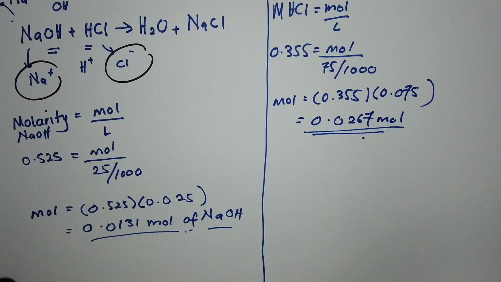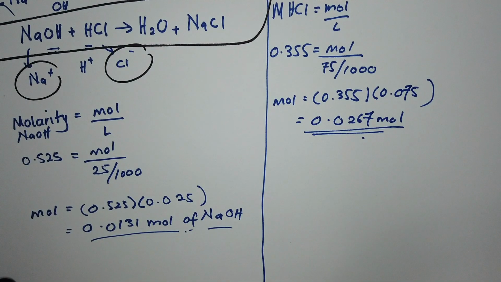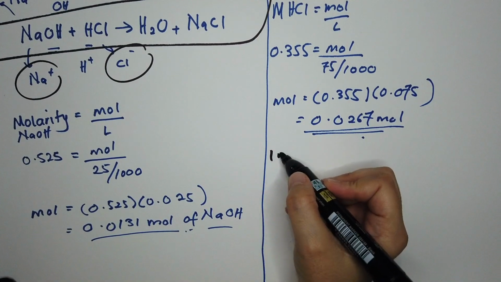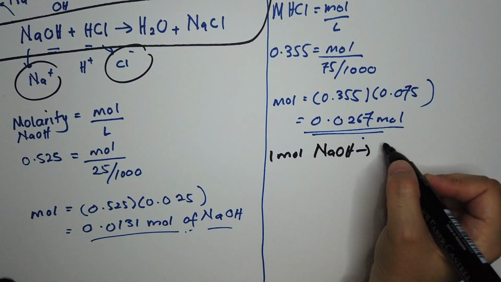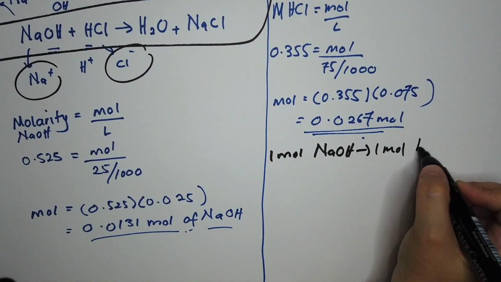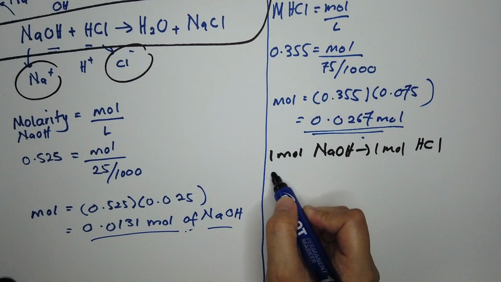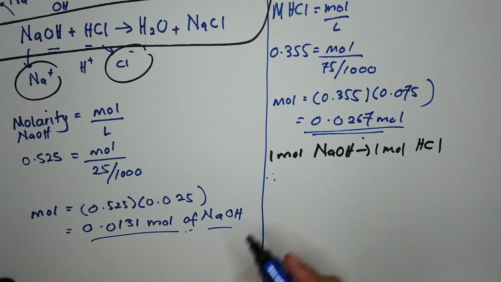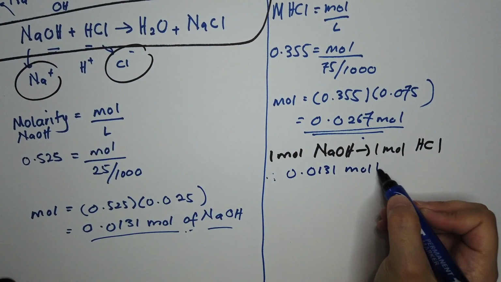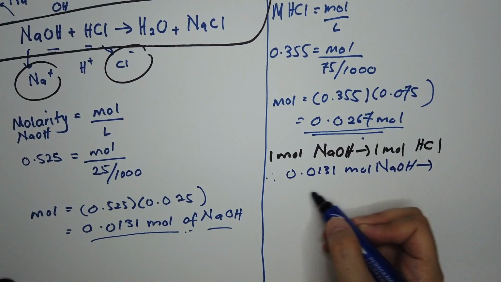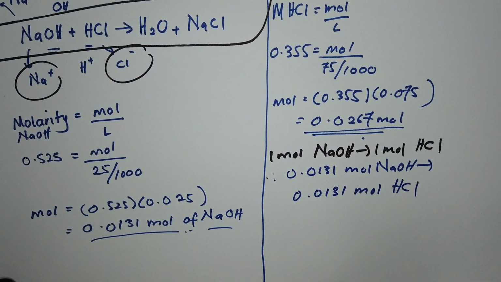When you look at the balanced equation, you know that 1 mole of NaOH will react with 1 mole of HCl. So if you have 0.0131 mole of NaOH, you will need the same 0.0131 mole of HCl.